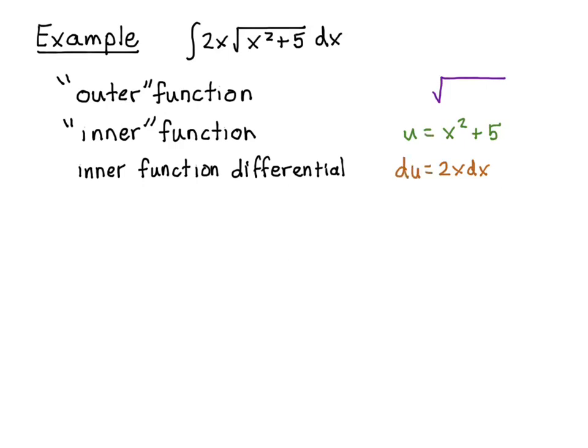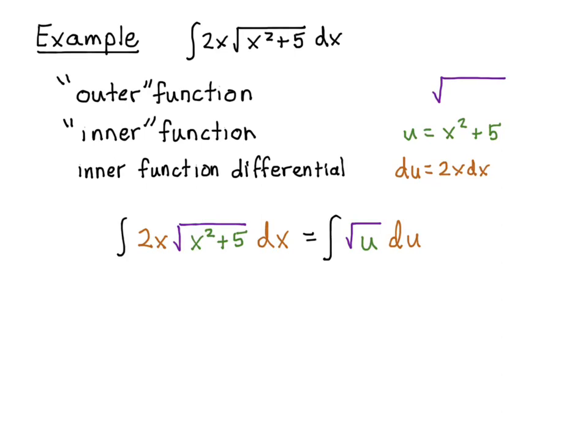Okay, so we have u and du. So that inner function is x squared plus 5. The inner function differential is 2x dx, and the outer function is the square root. So we can rewrite this as the integral of the square root of u du. So notice all the parts are here. We got the square root of u, which is this square root of x squared plus 5.